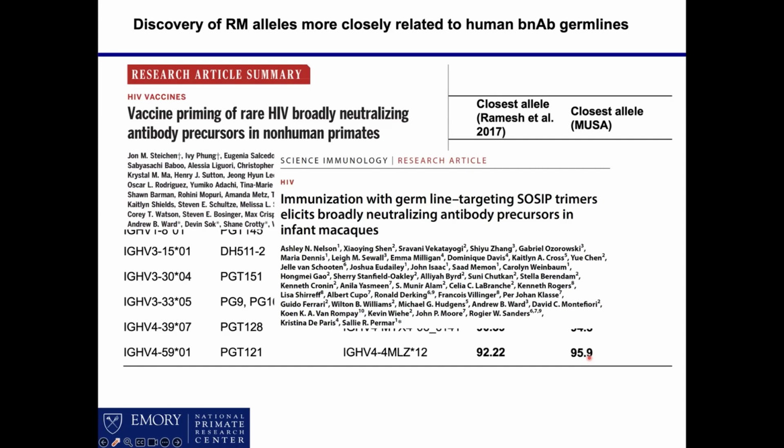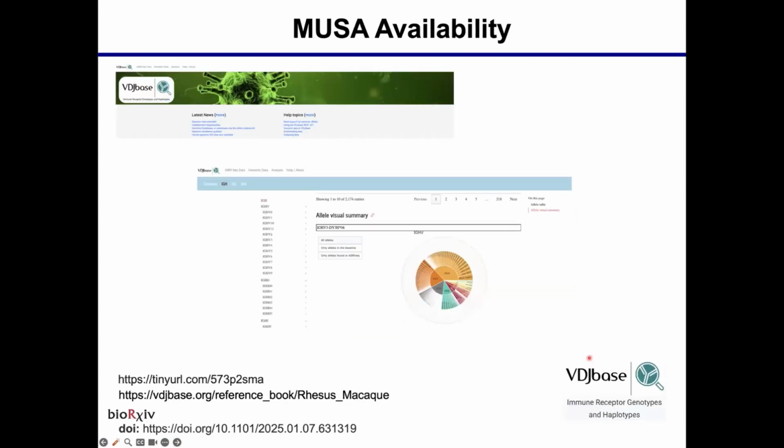These are based off the virus target that the antibody is targeting, which is the CD4 binding site, but not the genetic sequence similarity between these antibodies and the VH1-2. So this is more empirical evidence that if you are getting a germline targeting SOSIP, it's not going to be targeting the VH1-2 the way something like that would in humans.